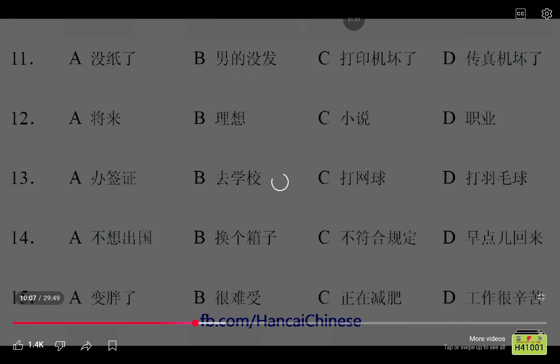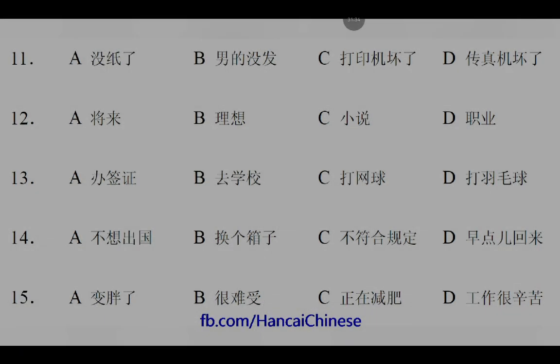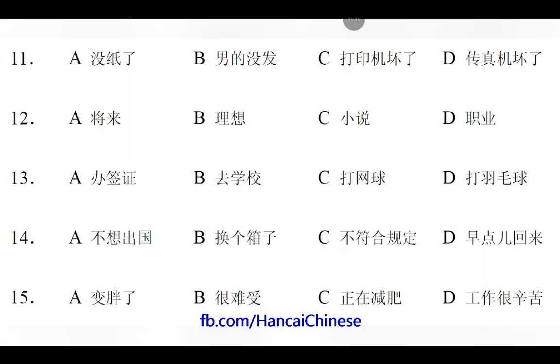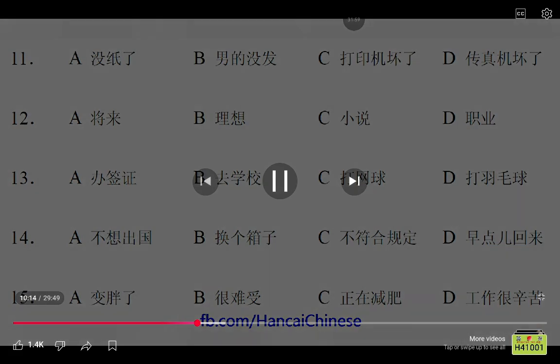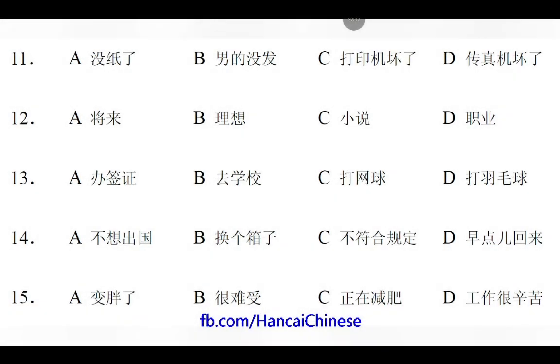Okay. 不是。15。你最近瘦了很多，工作很辛苦吗？不是，以前太胖了，我正在减肥。我真的瘦了。以前太胖了。以前太胖 and 变胖 are not the same meaning.